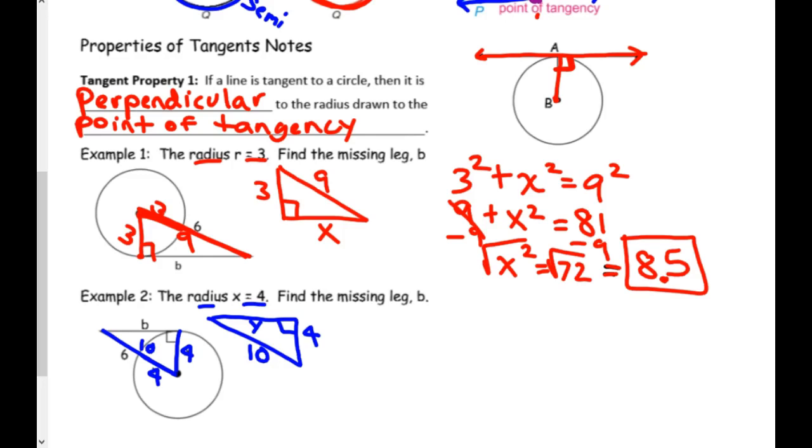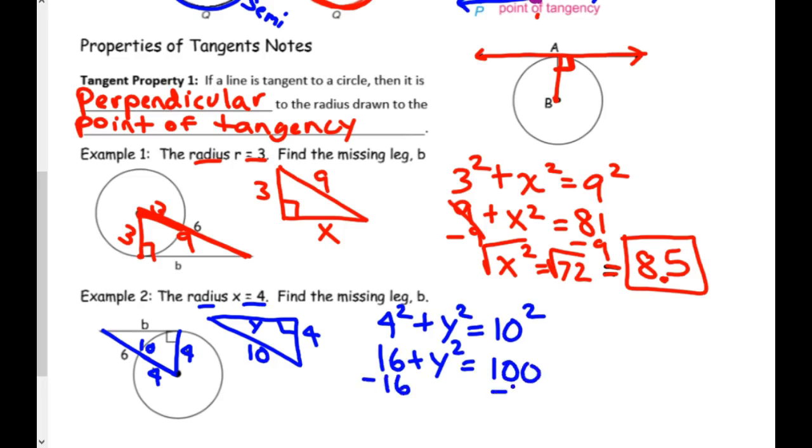So let's set this up. 4 squared plus Y squared equals 10 squared. Do we know 4 squared? 16. Do we know 10 squared? 100. Minus 16 on both sides. That gives me 84.